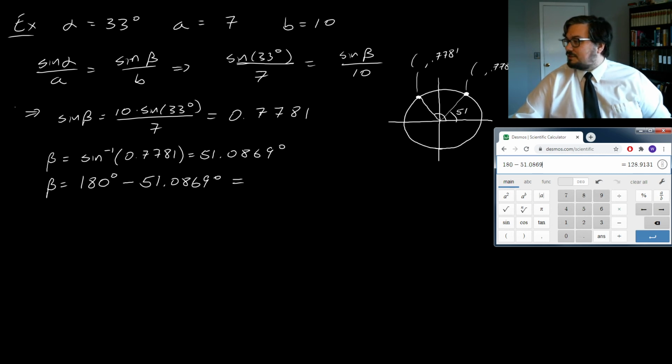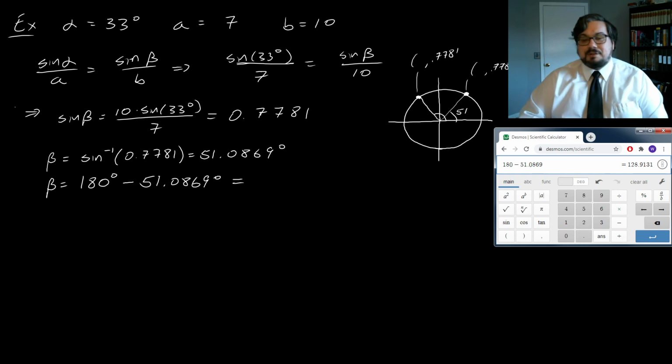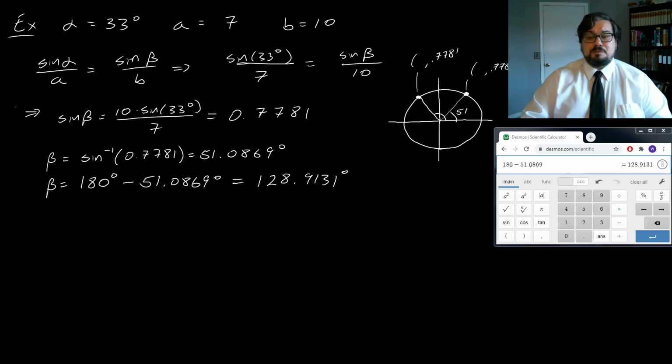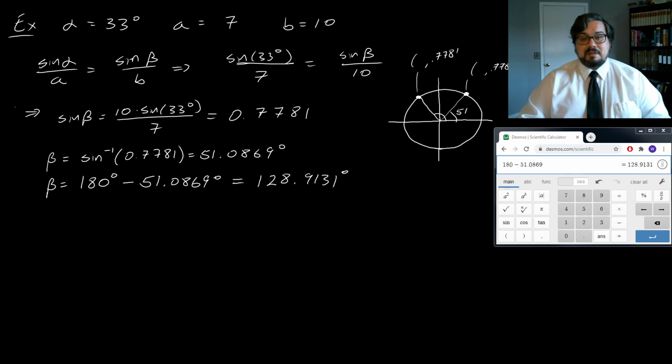because those are the two angles which have a sine of 0.7781. So 128.9131 degrees. So those are our two potential values for beta.